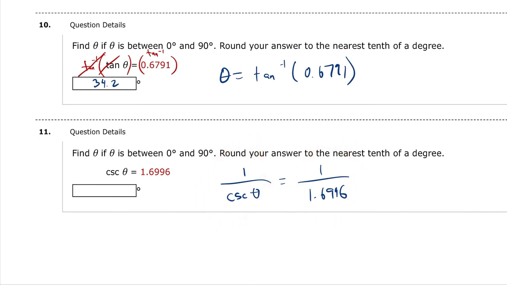The left side becomes sine. The right side becomes 0.58837335. And now I can take the inverse sine of both sides.